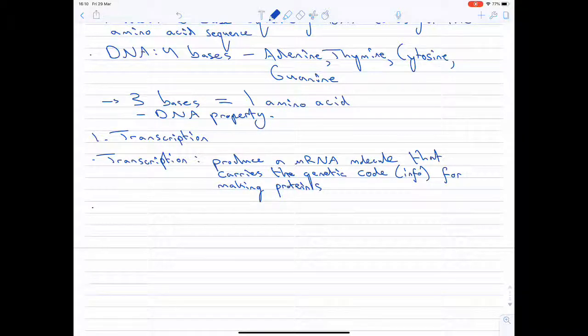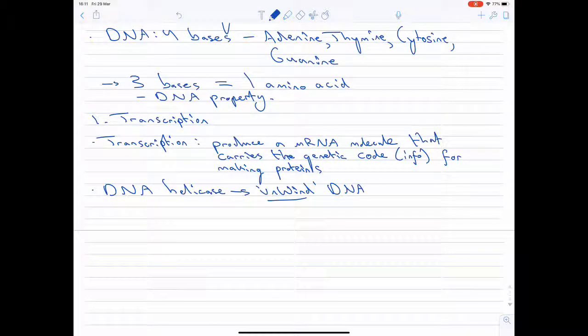We've got DNA basically in its 2 polynucleotide strands. So we're going to use an enzyme, DNA helicase, to essentially unwind the DNA, to expose its bases.